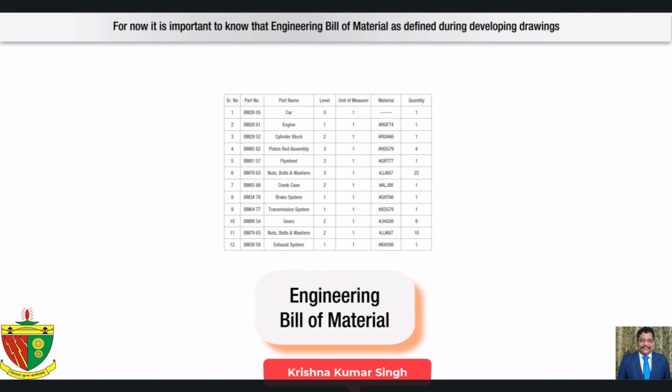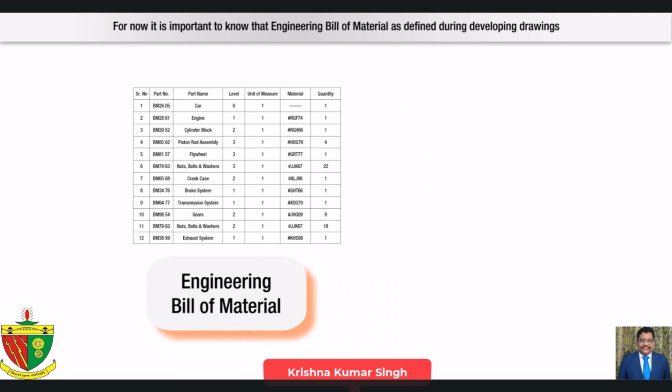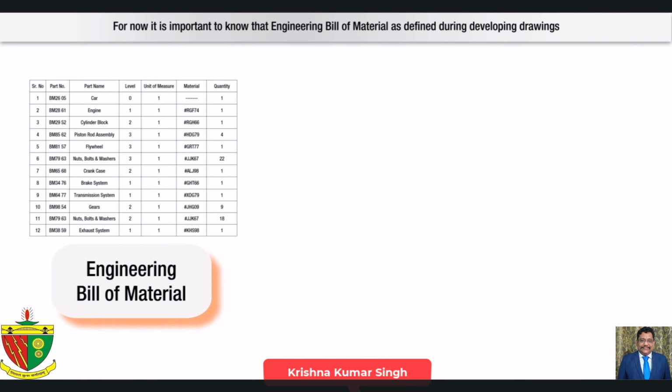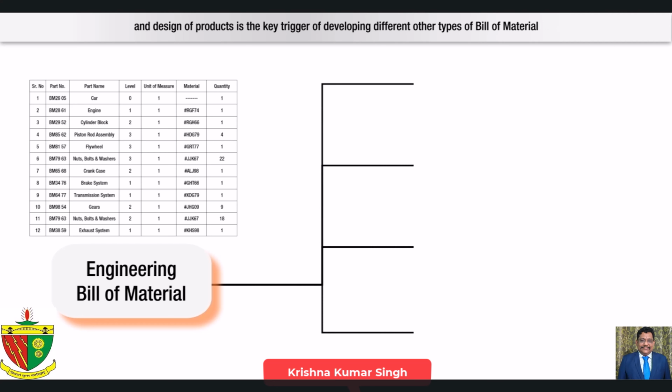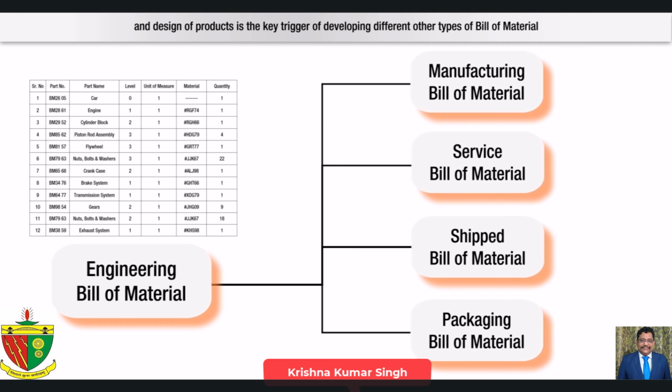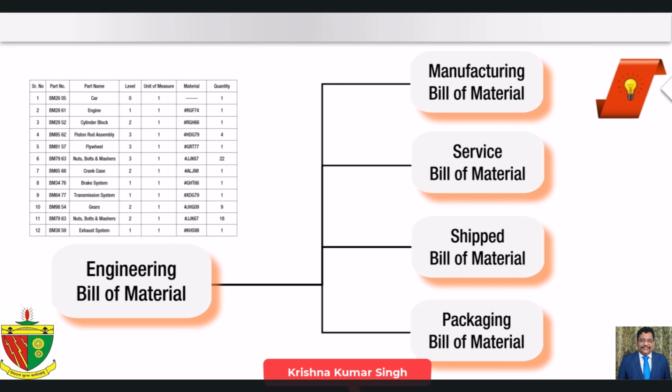For now, it is important to know that engineering bill of material as defined during developing drawings and design of product is the key trigger of developing different other types of bill of material. Hence, a brief introduction of bill of material will help you to provide the perspective. Note, you shall be learning more on this topic of bill of material in our advanced course of new product development.